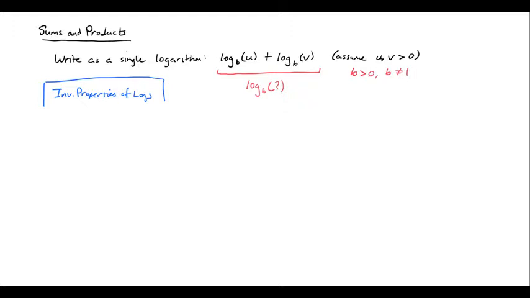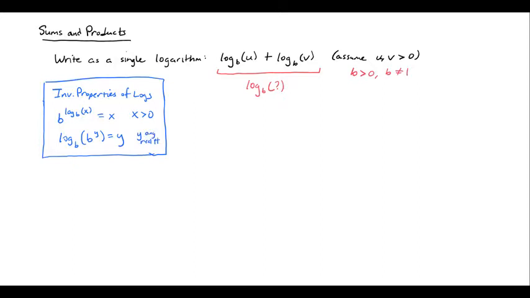One of the inverse properties is that b to the log base b of anything, let's just call it x for now, is equal to x. And I also know that log base b of b to the y is equal to y. These two things are always true as long as x is greater than 0, because I can't take the logarithm of anything equal to 0 or less than 0, and as long as y is any real number.